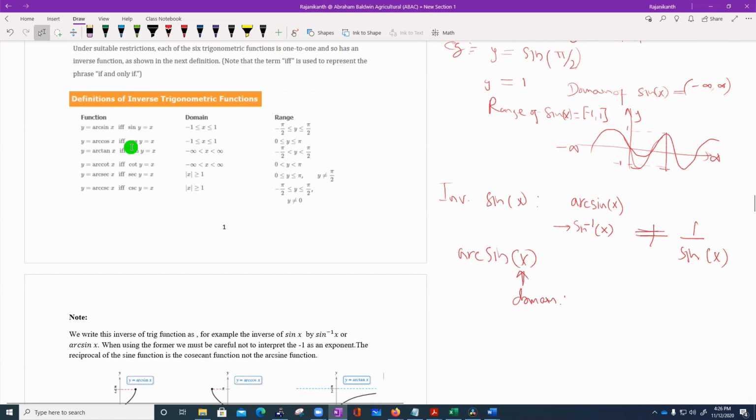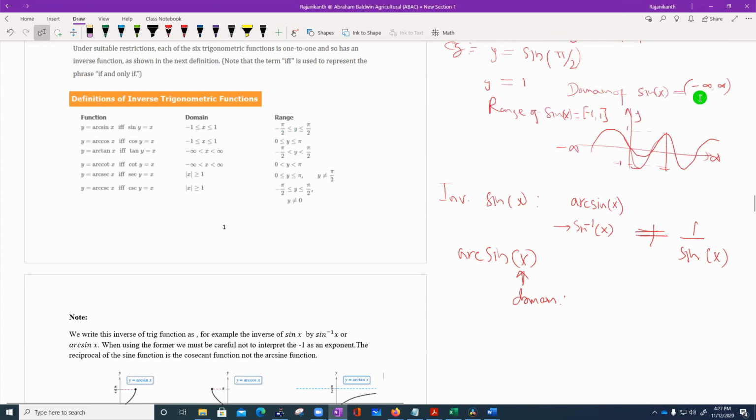So if you look at the definition here, you see the domain of this inverse function is -1 to 1. Why is it? Because the range of the sine function was -1 to 1. So the range of the sine function is basically the domain of the arcsine function, the inverse function. So I have to flip around and check. Make sense? But for the range of the inverse, normally, the range of the inverse function is supposed to be the domain of the original function.